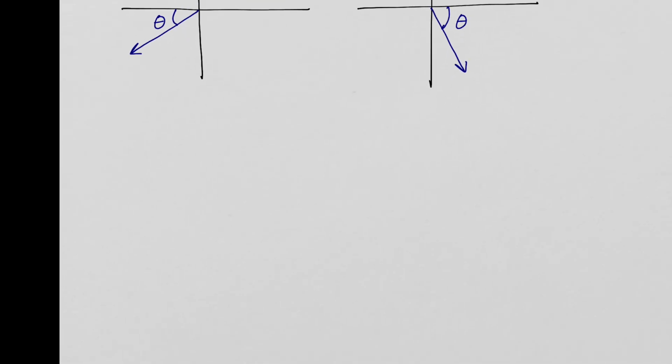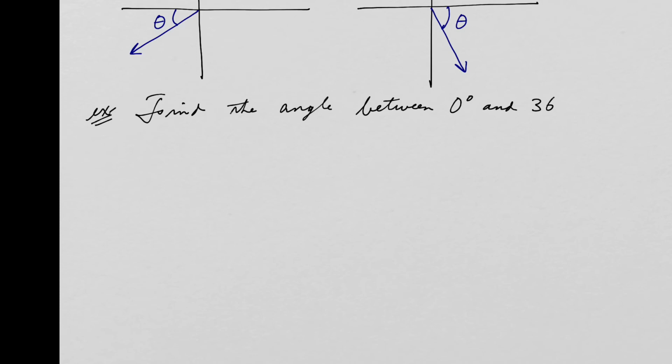Let's say we want to find the angle between 0 degrees and 360 degrees that is coterminal with a standard position angle measuring 2114 degrees.